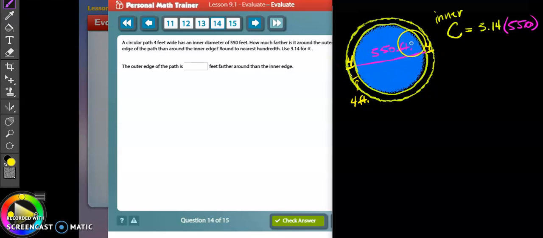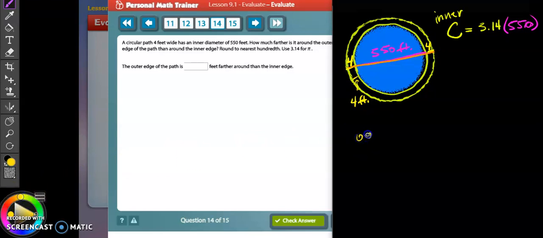So if we look at the outer circle here, the diameter is 550 feet plus an additional 4 and another 4. So if we add everything up, the diameter from here to here would be 558.